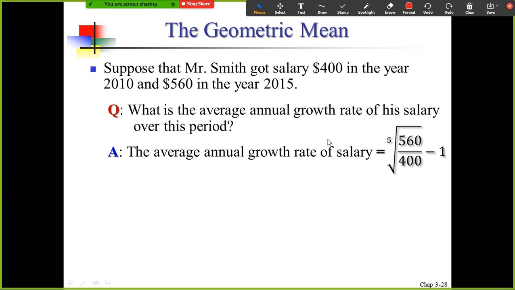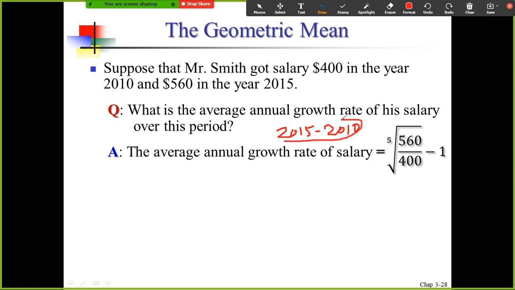Why is it a fifth root? Because from 2010 to 2015 is 5. If you don't know how to get it, you just take 2015 minus 2010, which is 5.